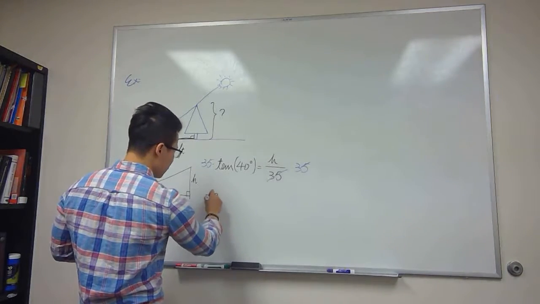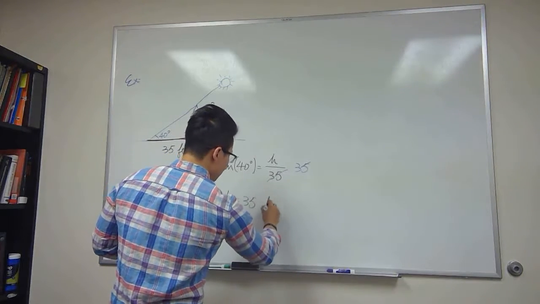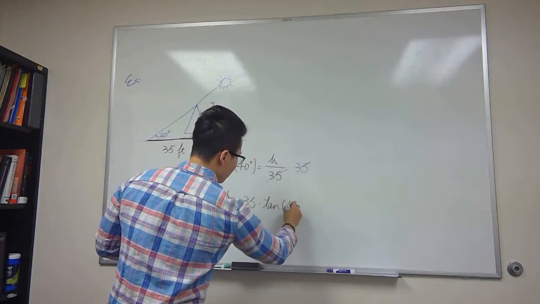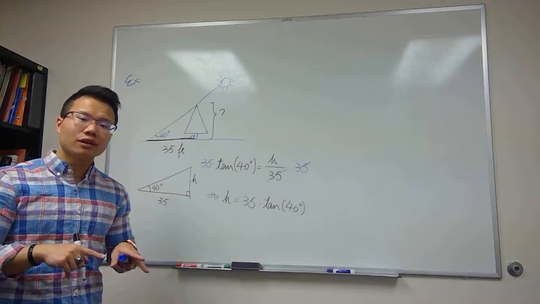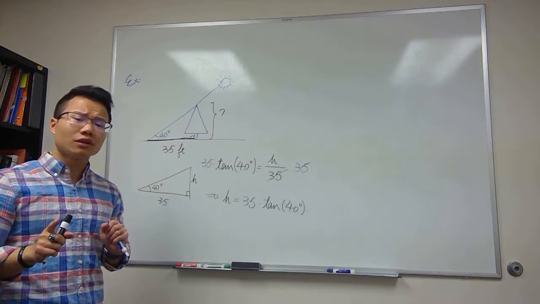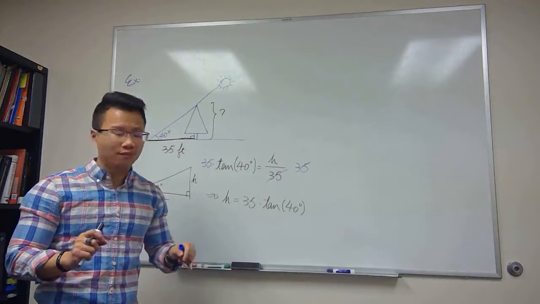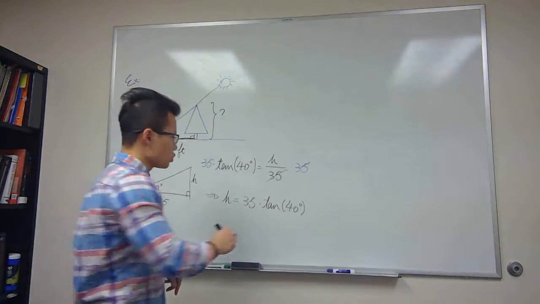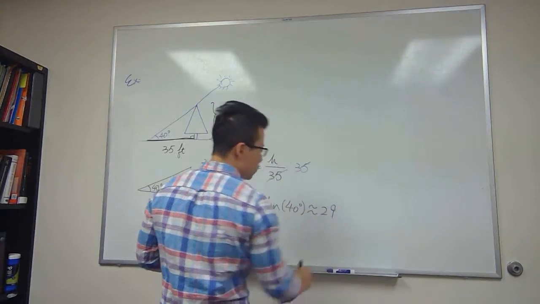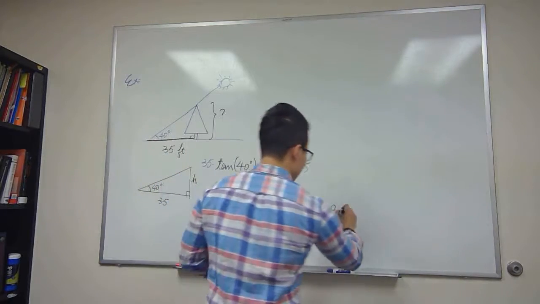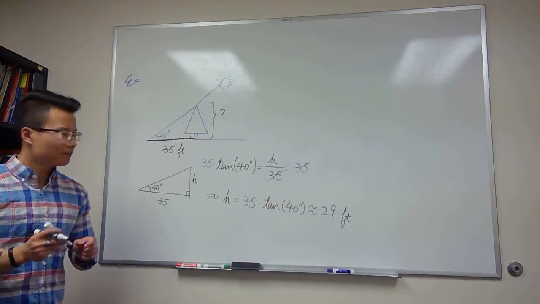We get our formula: H equals 35 times tangent of 40 degrees. When you put that in your calculator, make sure the mode is on degree, not radian. After the calculation, we round to the nearest integer, which gives us 29 feet. Make sure you have the units attached.